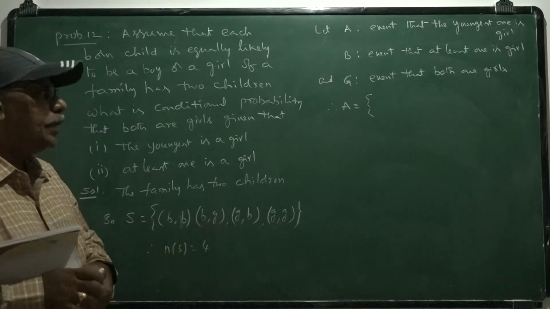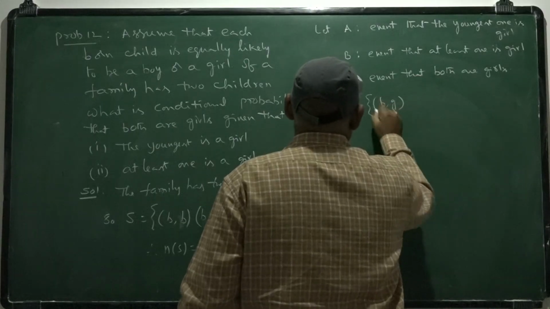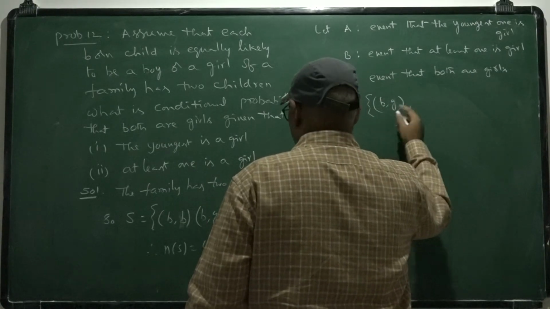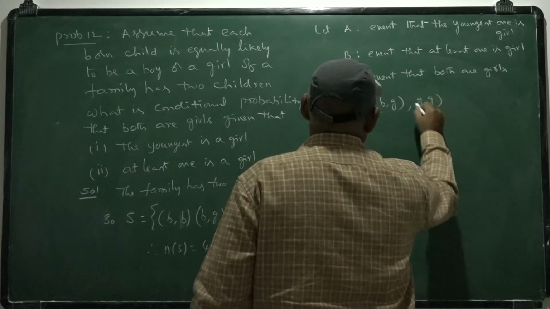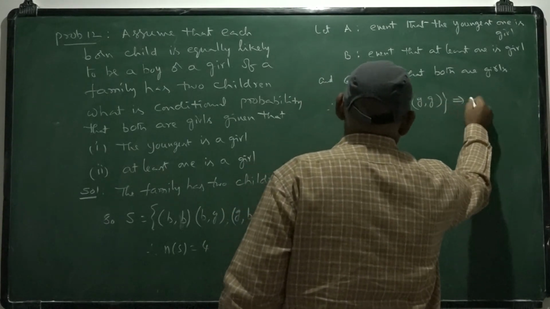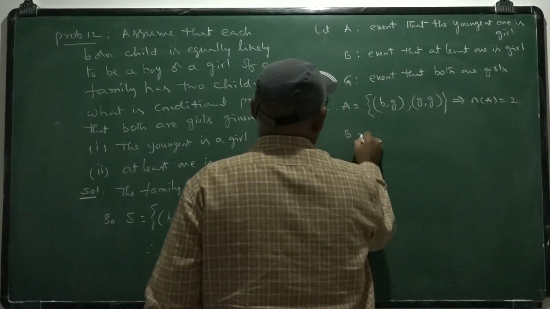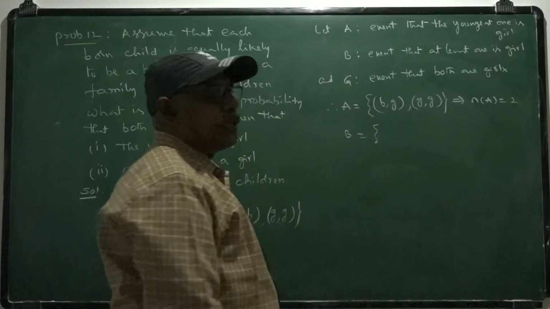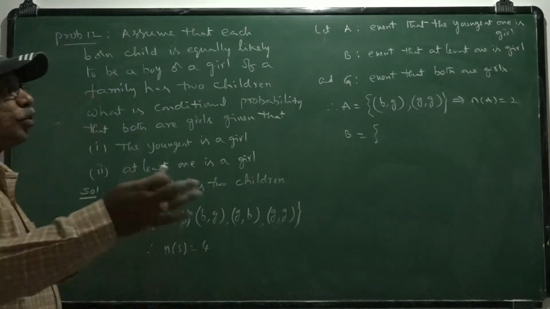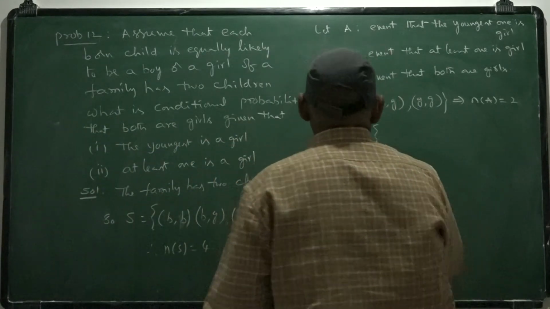So the favorable outcomes to the event A are BG and GG. That implies n of A equals 2. B stands for the event that at least one is girl, which means one or more girls may exist.